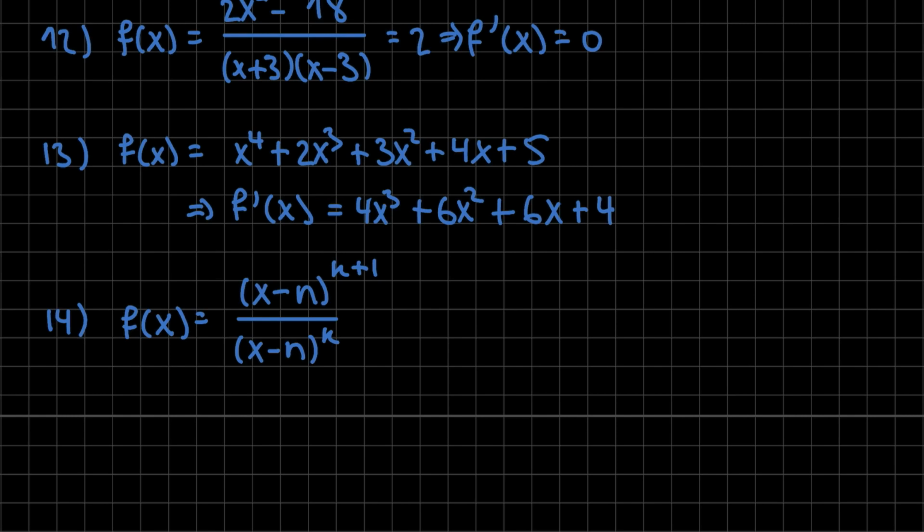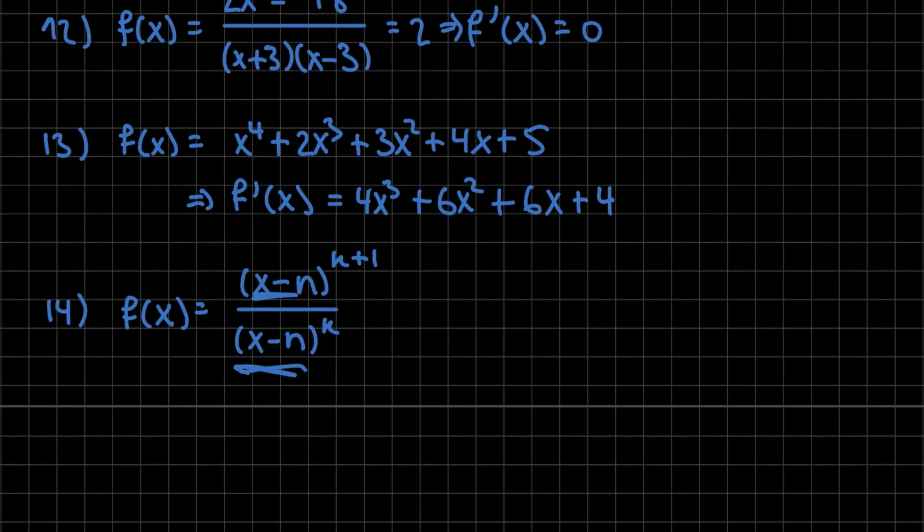Okay, so since we have the same base, we can apply exponent laws, and we can rewrite this as (x minus n) to the power of k plus 1 minus k. And the k's in the exponent cancel out, so that's just a power of 1.